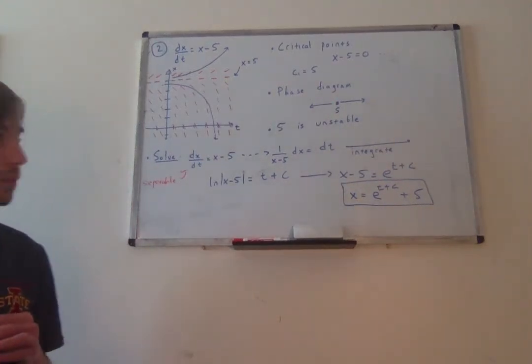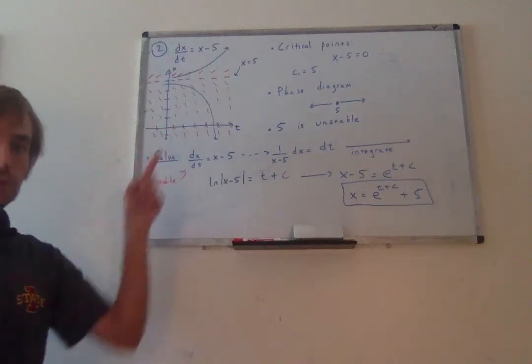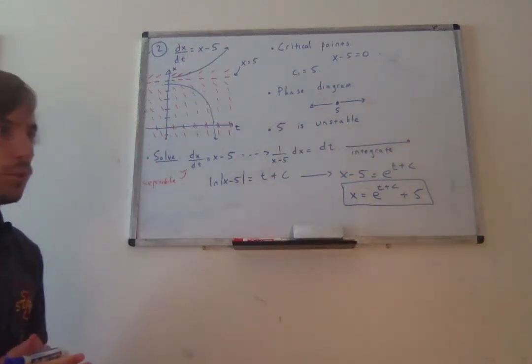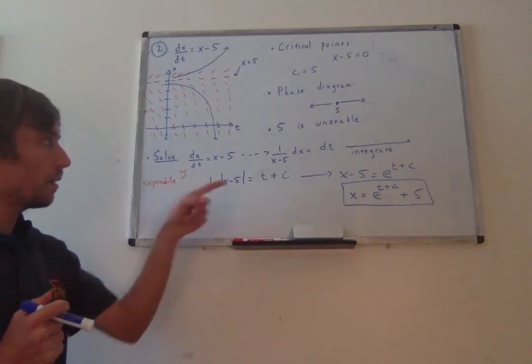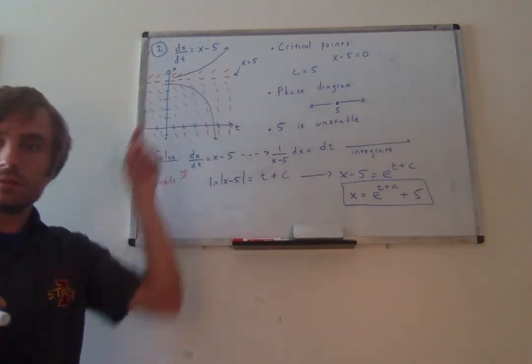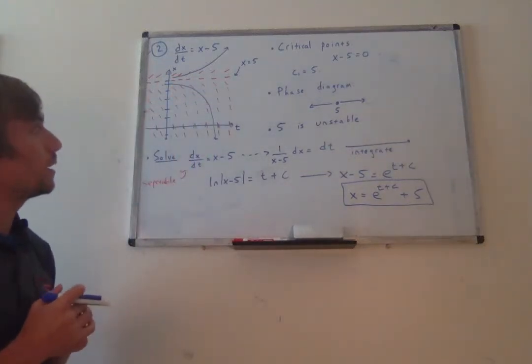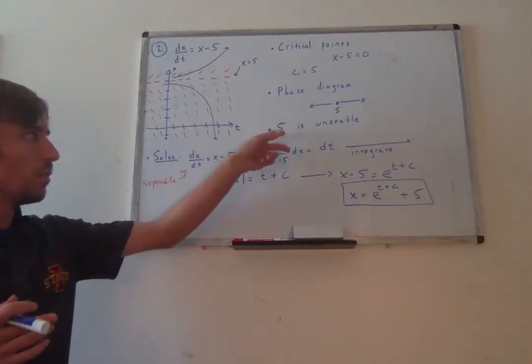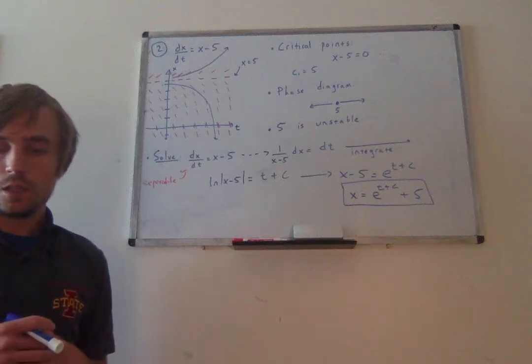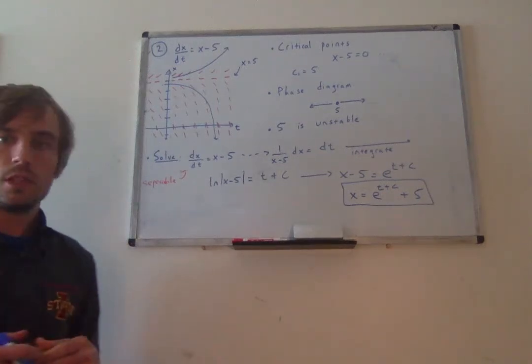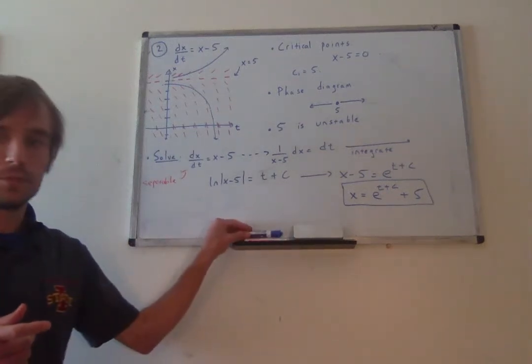And so again, looking at the slope field I drew, you could pretty quickly convince yourself that this calculation here is correct, because you can kind of see what's happening. Yeah, we'll move on now to the next homework problem.